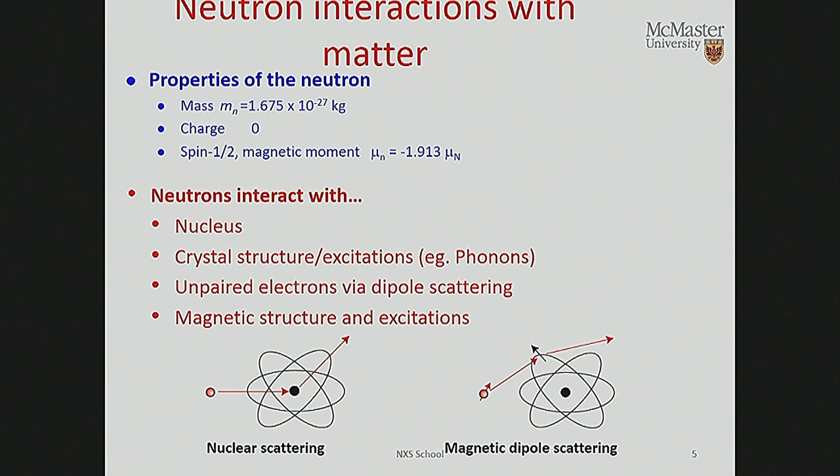Okay. So the neutrons interact with the nucleus, and so we can use that interaction to do diffraction and understand crystal structure, and also the normal modes of the crystal structure. And the normal modes of the crystal structure are the phonons. The atoms in the crystals that you're interested in are not statically sitting at the equilibrium positions that we might visualize them to be at.